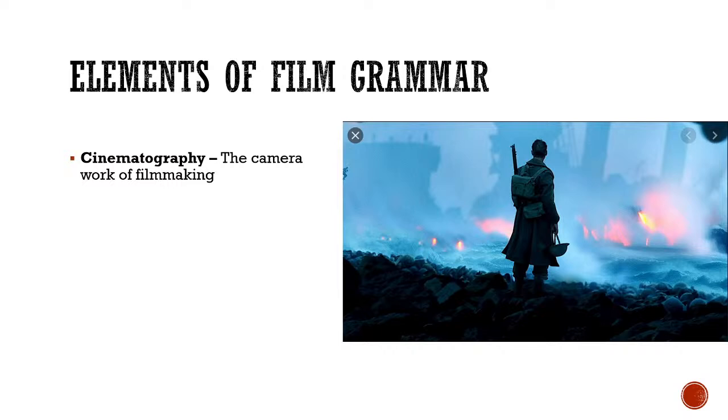But even though you're giving the player the camera, the onus is on you to direct your action through environment design and level design in such a way that you are directing the player's eye.